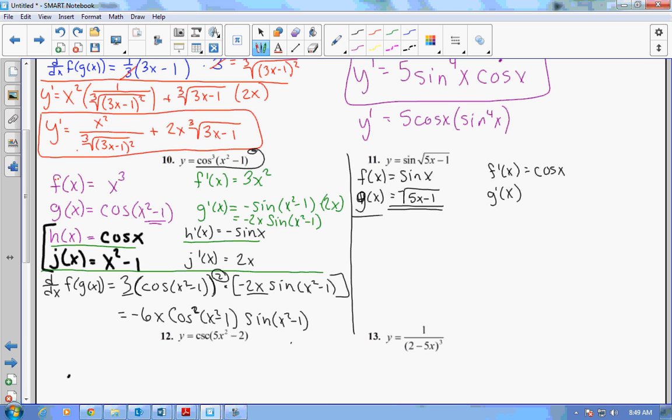So that's when I create two more functions, and these are applying to g. What's the outside function on g of x? X to the 1/2. The stuffing is 5x minus 1.